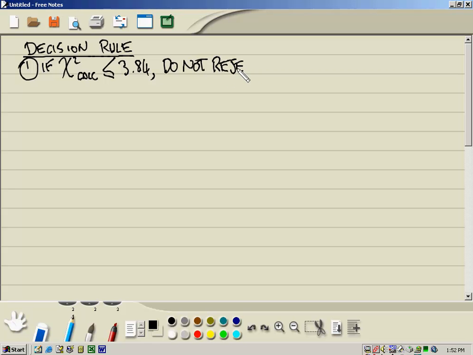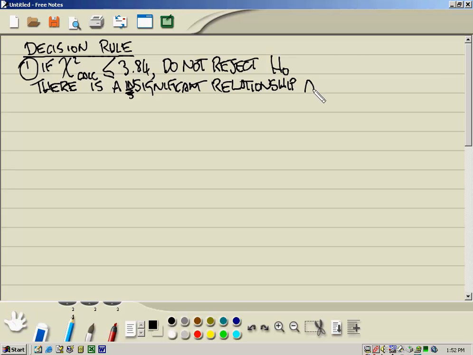It's possible the null is true. As previously, we'll say there is an insignificant relationship between our two variables, accident and age.